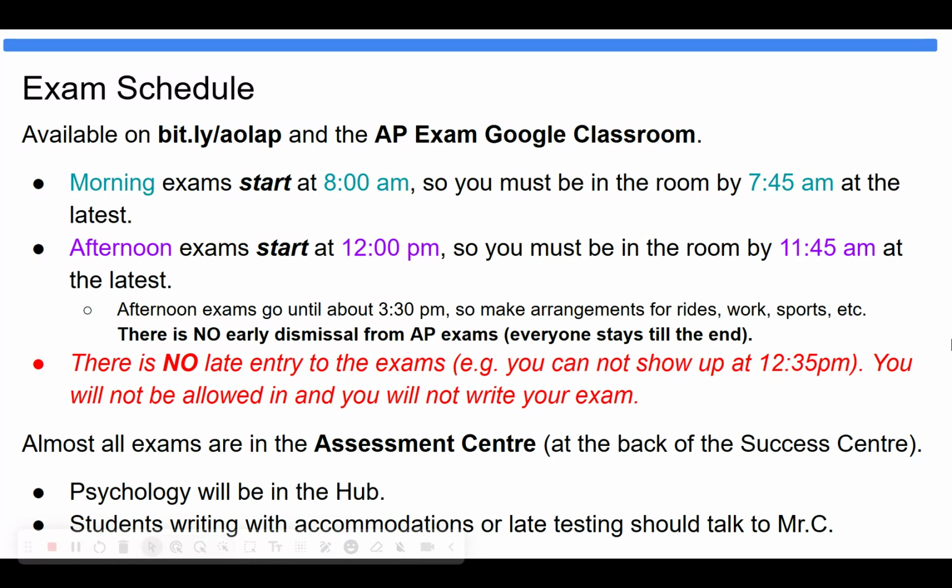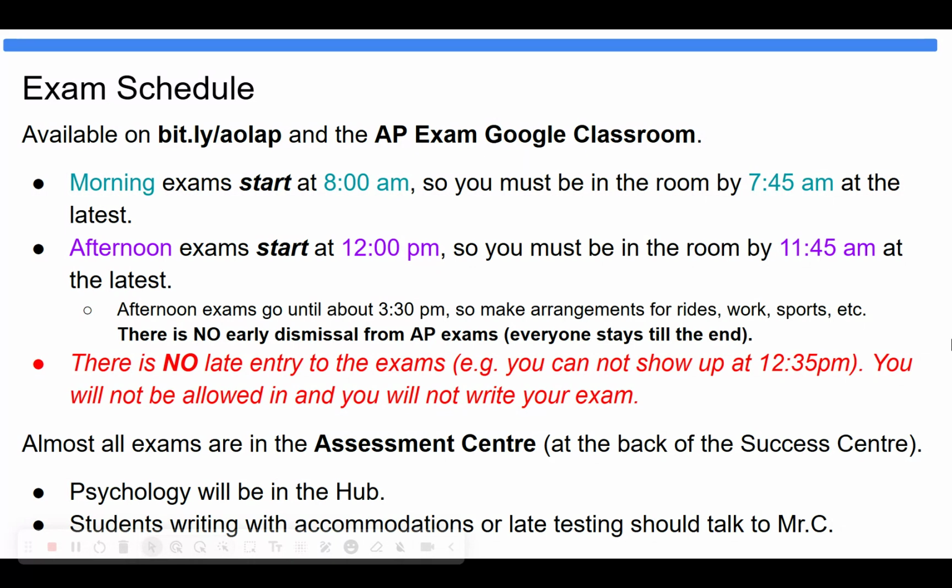The other thing to consider with the afternoon exams is that because of the length of them, they take till about 3:30 p.m. So if you normally have somebody pick you up for a ride, or you have work shifts, or you're involved in some after-school sport, you have to let those people know, your friends, your parents, your boss at work, your coach, because there is no early dismissal.